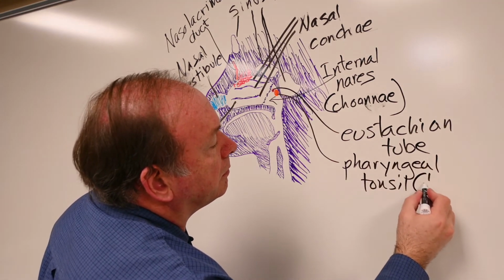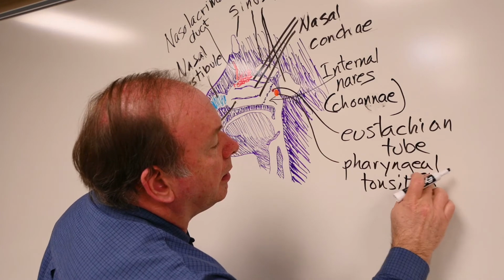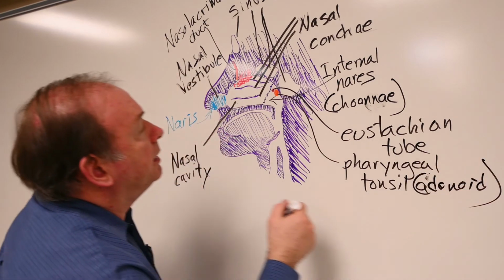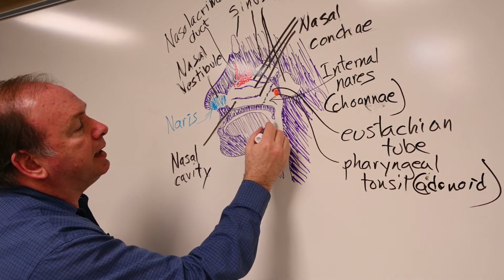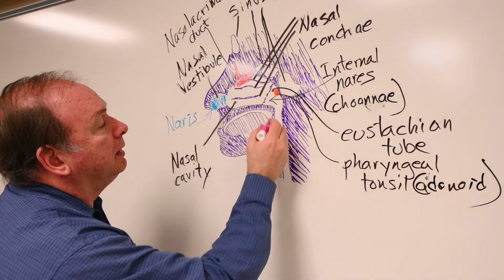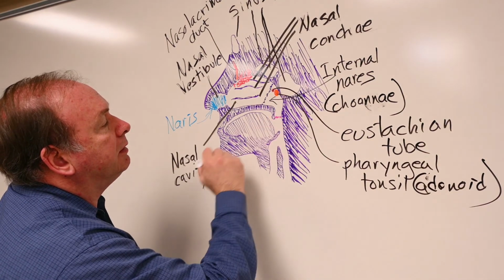Pharyngeal tonsil, adenoid, and that continues down to about here. This is the end of the nasopharynx.